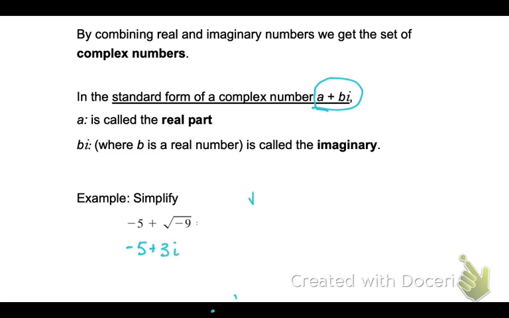So what if I had the square root of -9 minus 5? Is 3i minus 5 a correct way to write this problem? No. I will not say write your answer in standard form, because the only way you should be writing your answer is in what? Standard form.